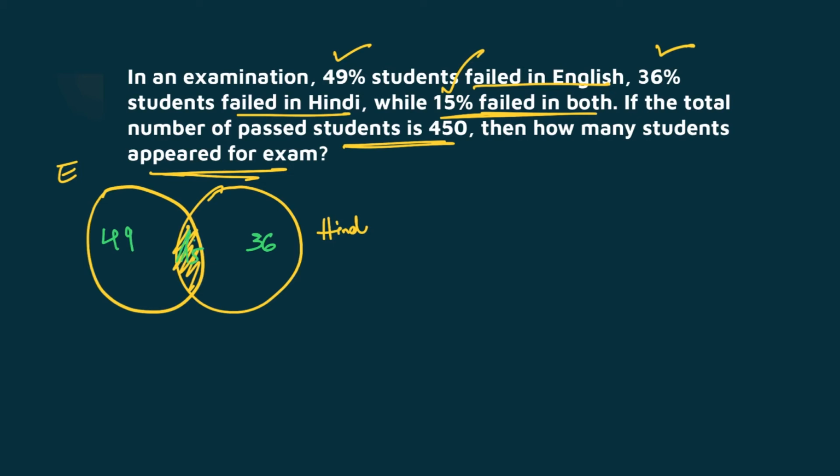But we don't count this 15% again, because it is already included in the failed students of English and Hindi. So we just subtract that 15%.